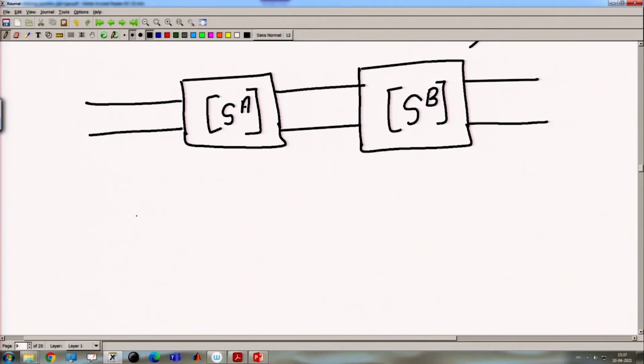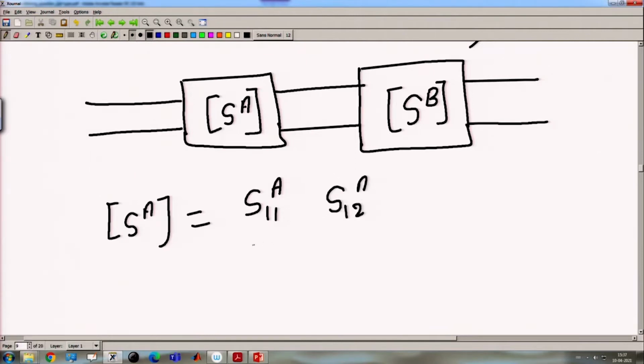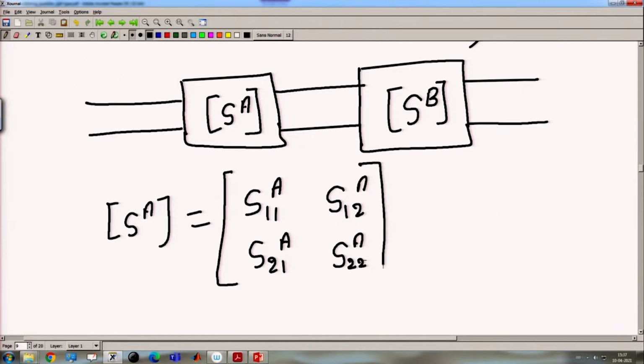We can write SA, defined as S11A, S12A, S21A, S22A. So this is the meaning of SA.